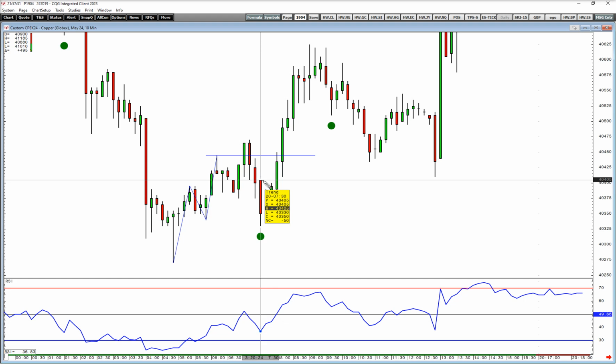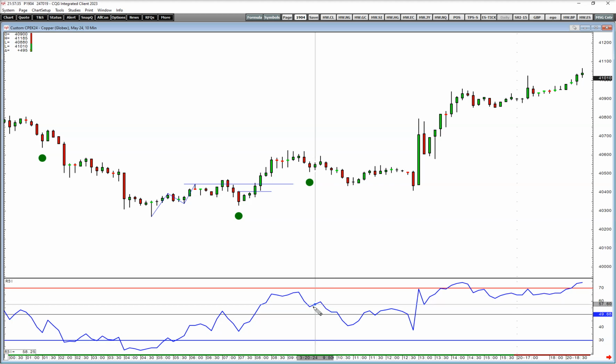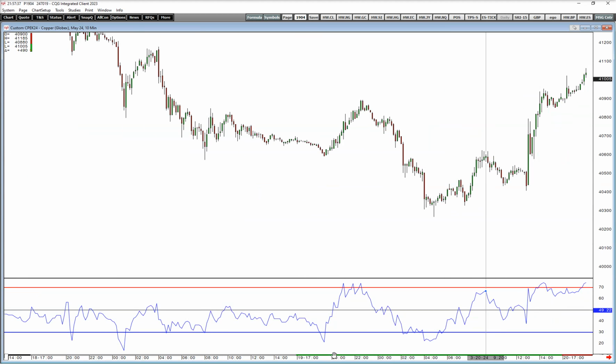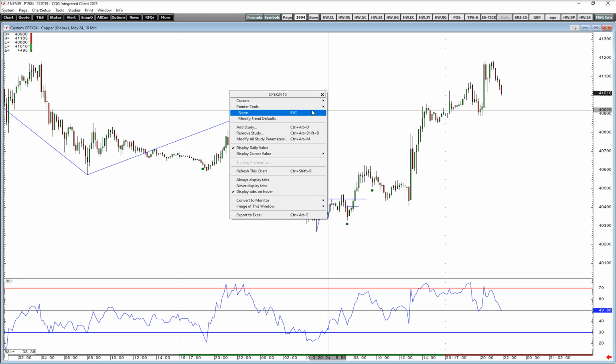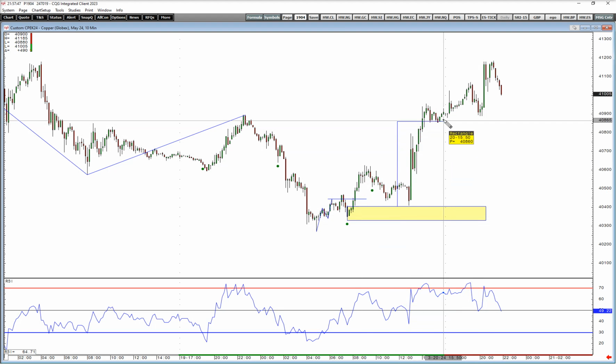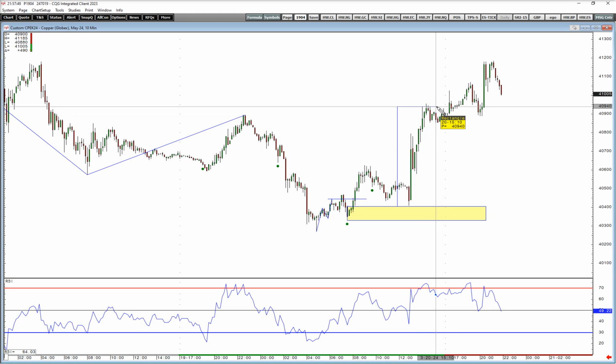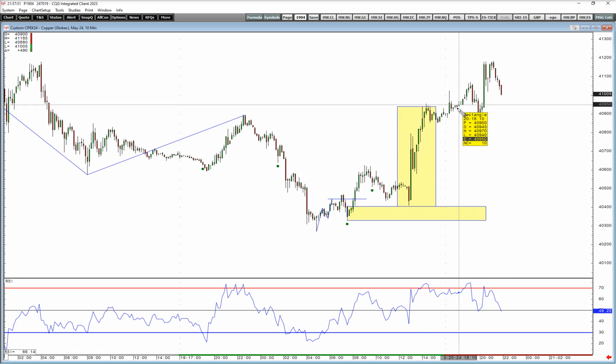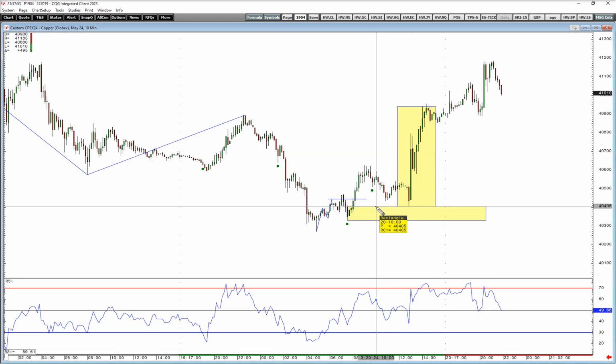So if you had bought here, and let's do this with the rectangle so we can see the scale of the risk and the reward, we basically had 60 cents of risk, and we rode it up to here, 409.40, and that's where we sold it.